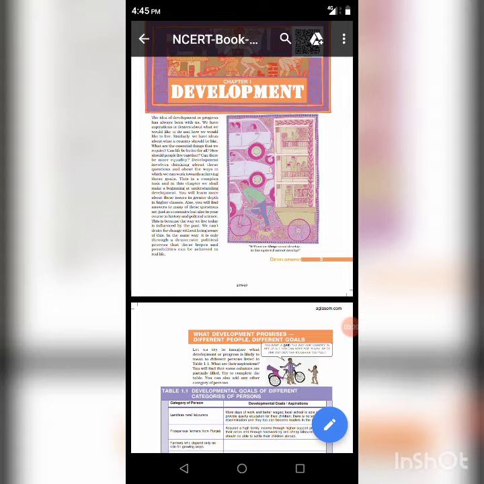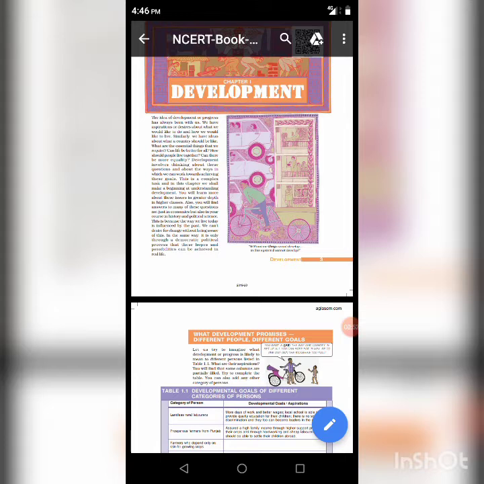In this chapter, we shall make a beginning for understanding development. It is only through a democratic political process that these hopes and possibilities can be achieved in real life.